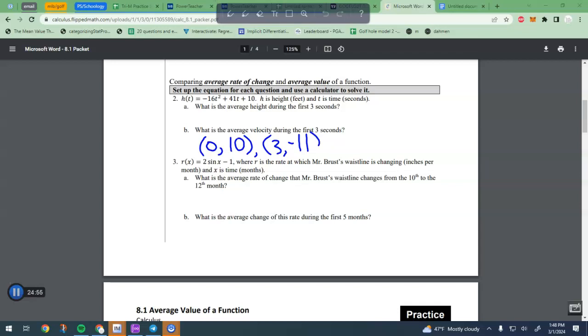And then you're just finding the slope, like regular old advanced algebra. You do not need calculus. You're plugging into that equation, and you just find the slope between them. So it's like negative 11 minus 10 over 3 minus 0. So negative 21 over 3, or negative 7.